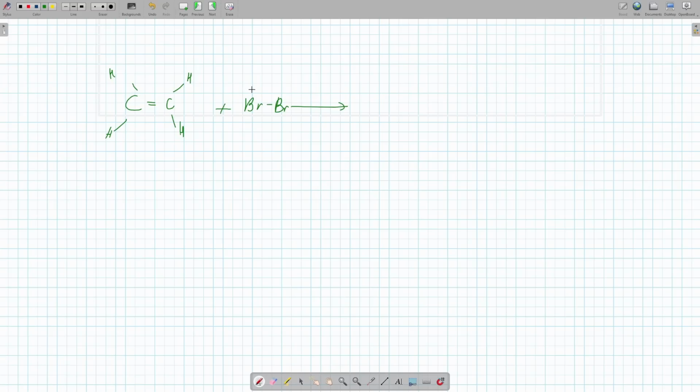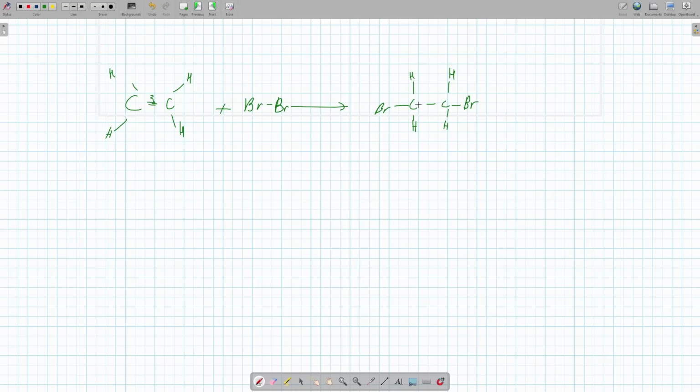But you need to know that basically this carbon double bond will break, freeing up space for the carbon to bond to more than one atom now. So what's it going to look like? The hydrogens stay the same. However, you now have bromines. That's it. How would you name this?